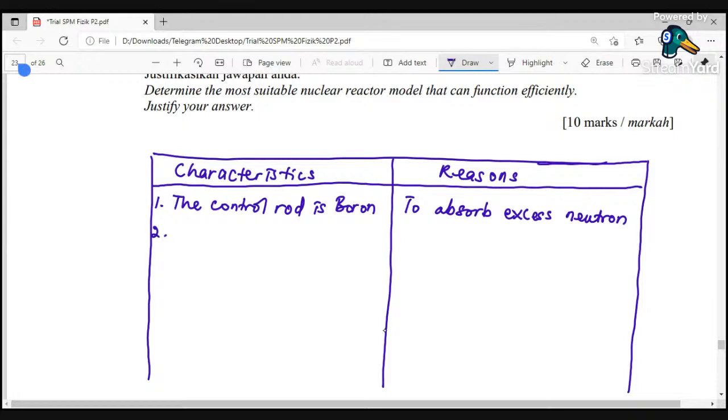Number 2 is about the moderator. Graphite moderator is used. What is the function of the moderator? As we know, for the fission process, the neutron that bombards the nucleus must be a slow moving neutron. So this one is to slow down fast moving neutrons.